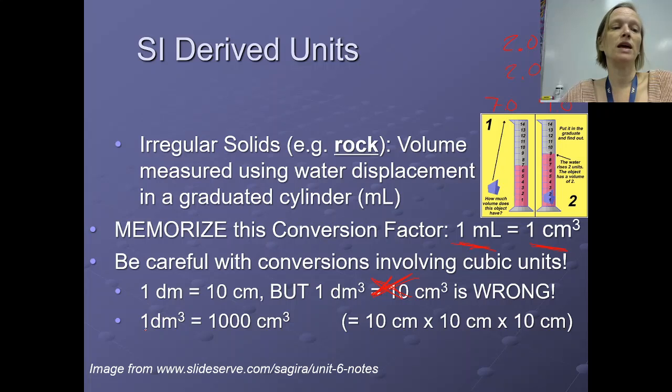What is true is 1 cubic decimeter is the same as 1,000 cubic centimeters. The reason why is that 1 decimeter is 10 centimeters, but then when you cube it, you have to have 10 centimeters times 10 centimeters times 10 centimeters. 10 times 10 times 10 is 1,000. And then our units are centimeters times centimeters times centimeters, giving us cubic centimeters.